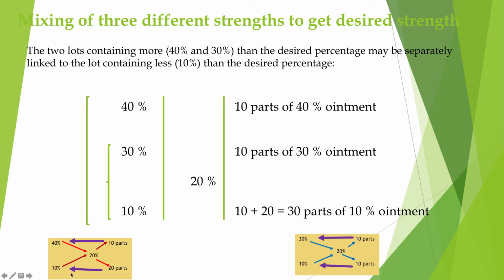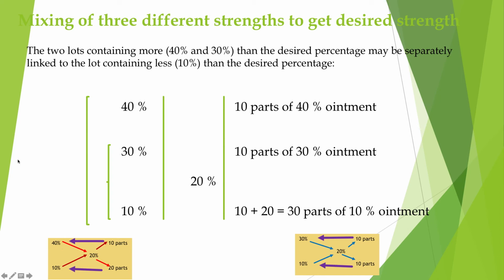Now we have to find the difference between 20 and 10, and the difference is 10 parts, and the difference between 40 and 20 is 20. That means we need 20 parts of 10% strength cream or ointment, and we need 10 parts of the 40% ointment in the first set.